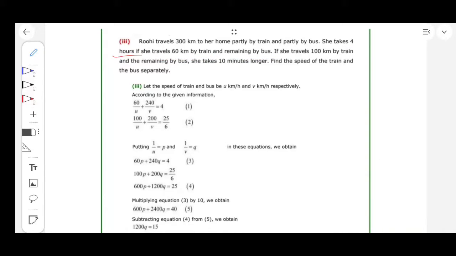Now in the second condition we are given that 100 kilometers are covered by train. So again the distance is 100 covered by train at speed u, and the remaining distance would be 200.